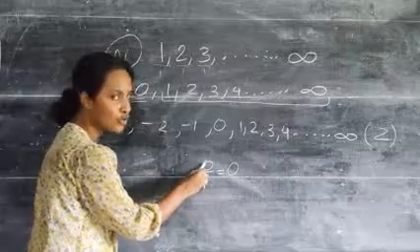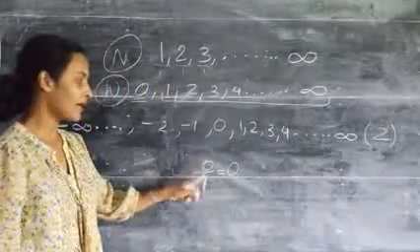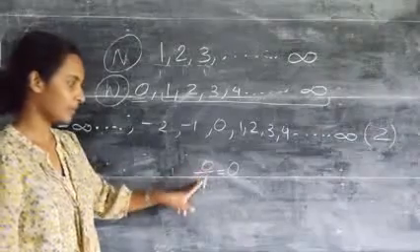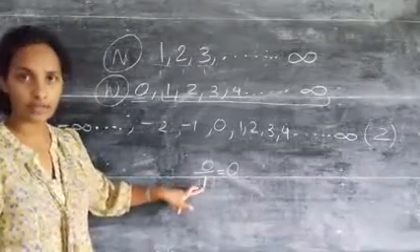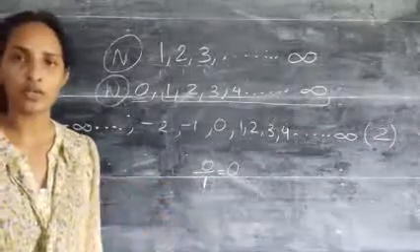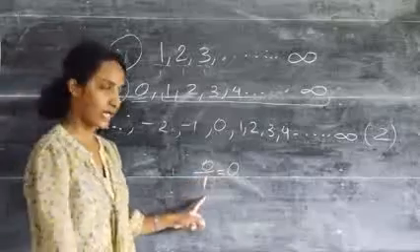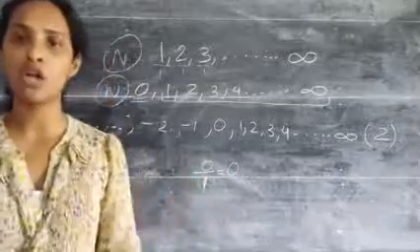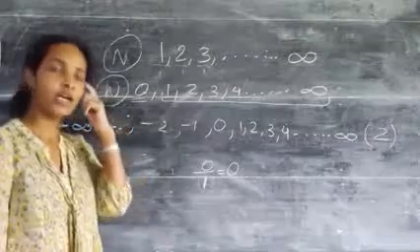Even if p is 0, no problem. q should never be 0. That's the condition, right? What is q here? 1. So if I can write 0 in the form of 0 by 1, that means 0 is also a rational number, right?